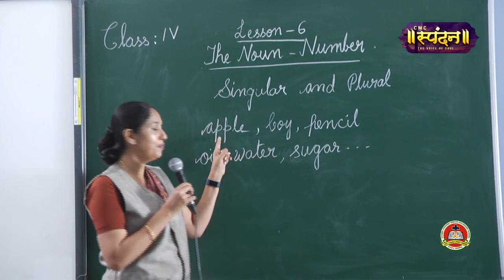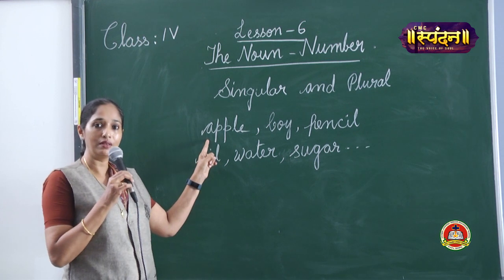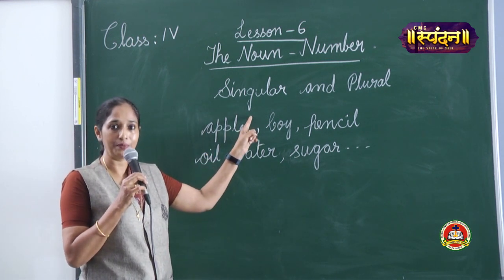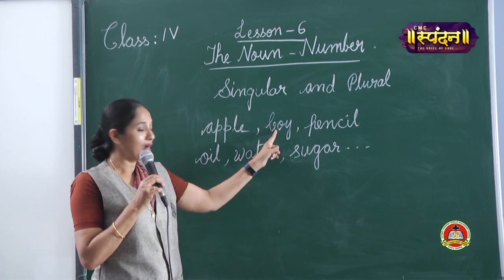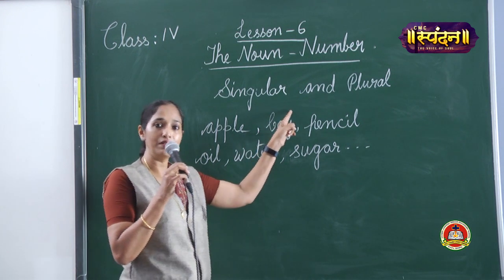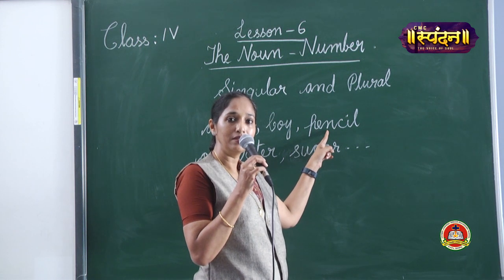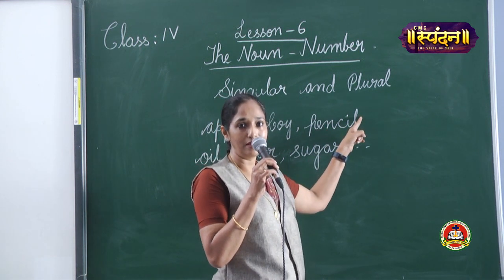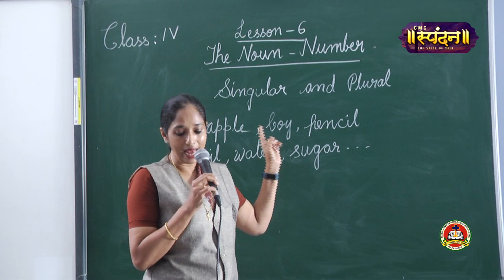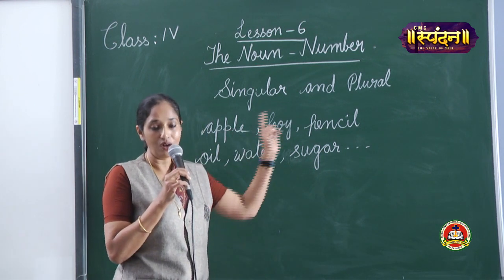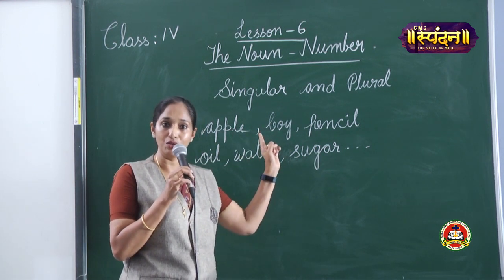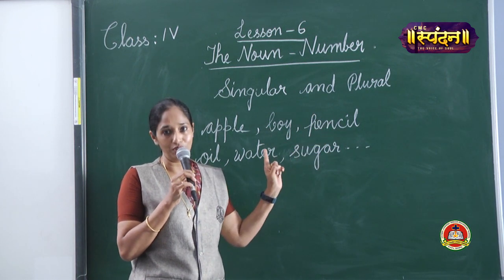Let's try. Apple. 1 apple, 5 apples. 1 boy, 7 boys. 1 pencil, 100 pencils. So it can be a singular or we can convert it into the plural form also.